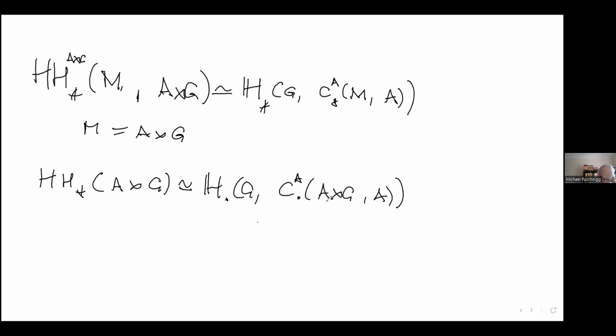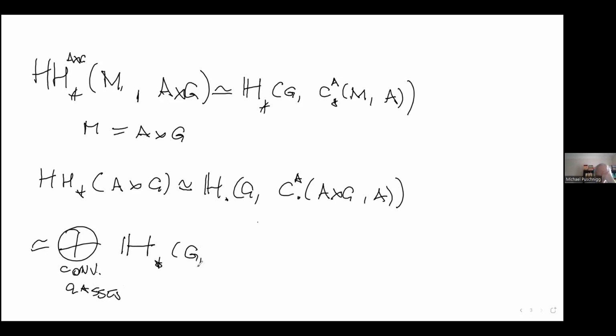So I can rewrite this as a direct sum over the conjugacy classes of the group G of the hyperhomology of G, and here you take the Hochschild homology just of A, and now you just take in the cross product those terms where you stay inside a given conjugacy class V. So V represents a conjugacy class, and A is here.